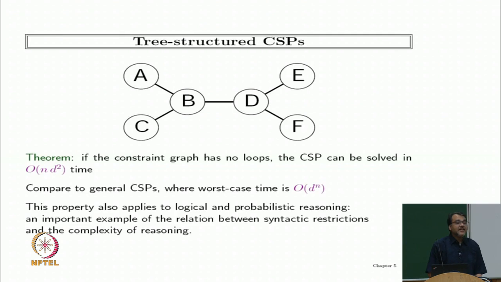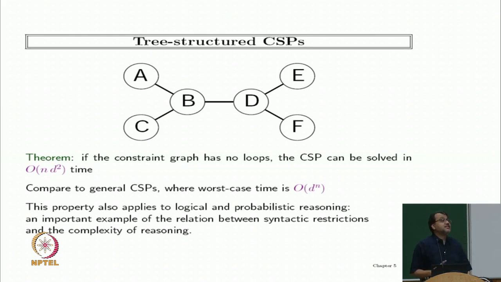And we are going to show by example that for such a constraint graph which does not have any loops, that is, it's a tree, the CSP can be solved in order n d square time. Think about d to the power n and n d square. It's a huge improvement in time complexity. But this only happens when it's a tree structured CSP.